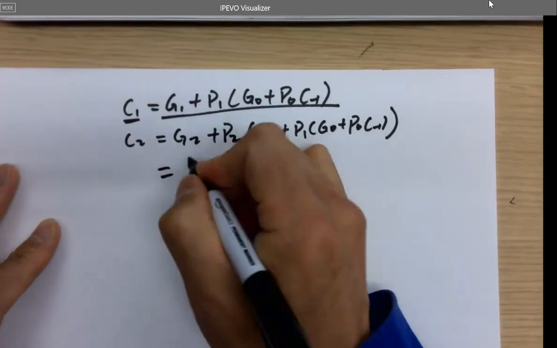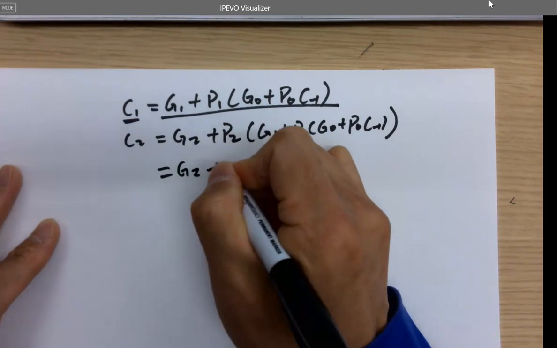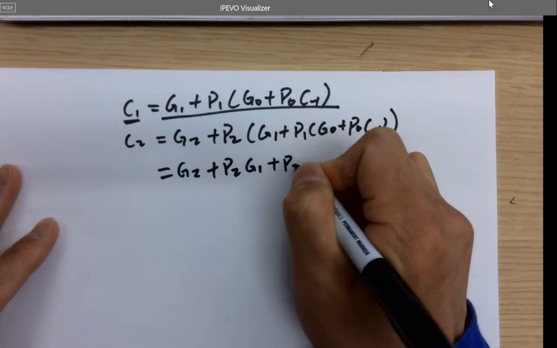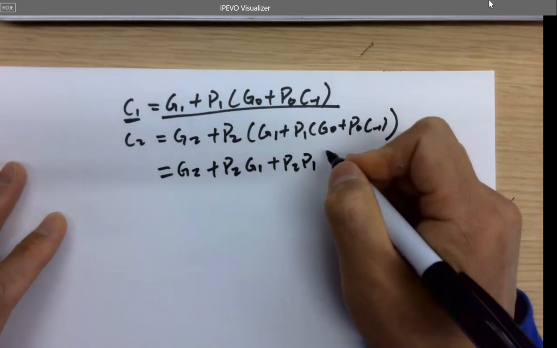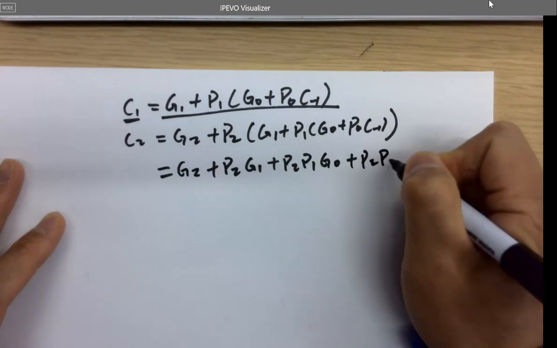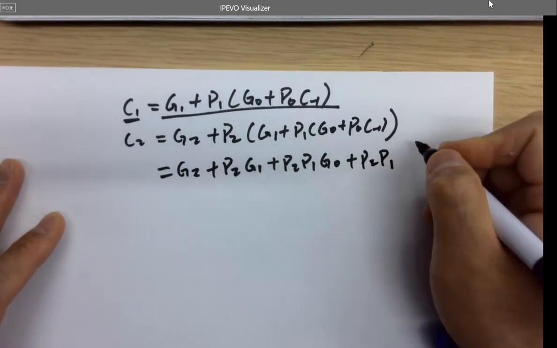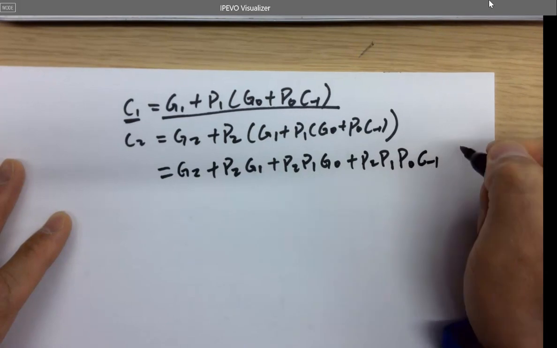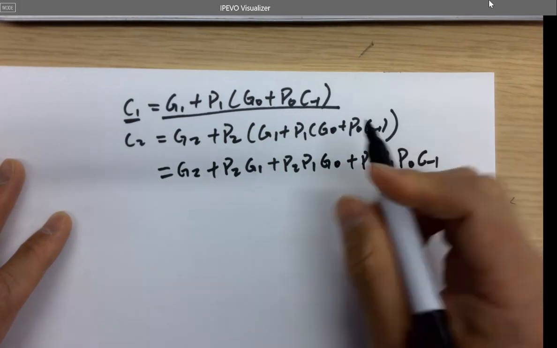And we can expand this term plus P2 G1, or P2 P1 G0, or P2 P1 P0 C-1. Oh, is that G0?